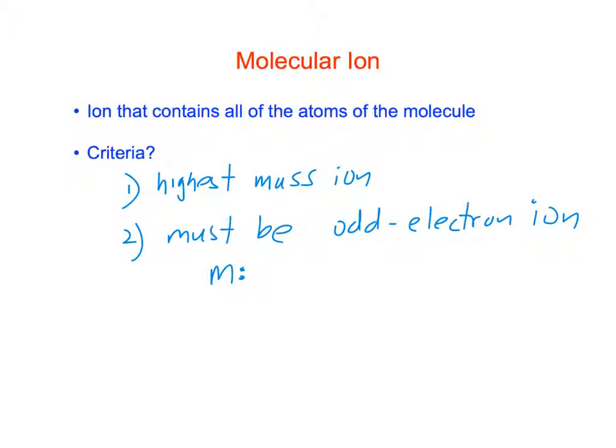We shoot this with an electron, and we're going to lose one of those electrons, plus an electron. So we started out with that pair. The plus we're drawing here is kind of a vacant spot. This electron came out of that spot, right? So what we generate is this radical cation that now has an odd number of electrons.